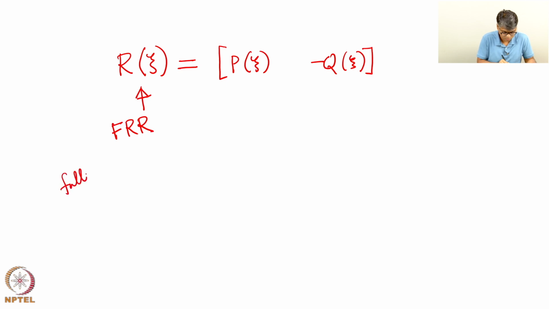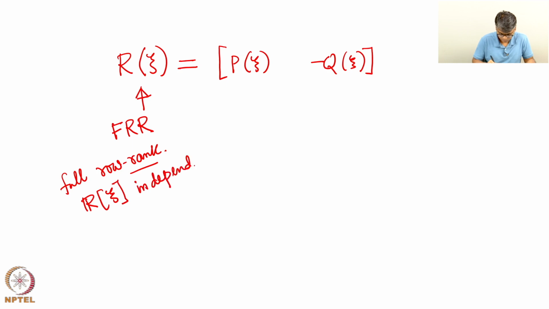Remember, full row rank means the rows are independent over the polynomial ring R[ξ]. And this is without loss of generality, because given any arbitrary R(ξ) matrix, you can do a unimodular row operation, which will transform it into an upper triangular form, where I can just throw away all the zero rows and make sure that this has full row rank.